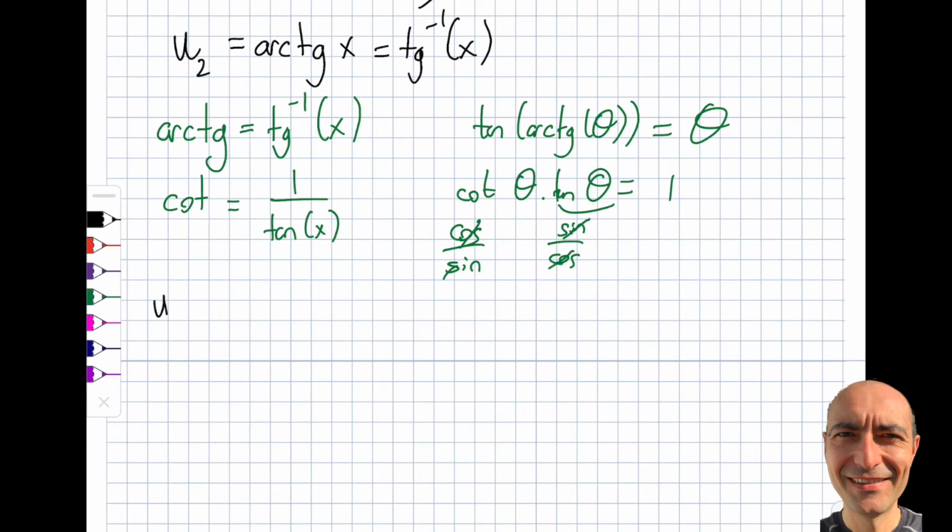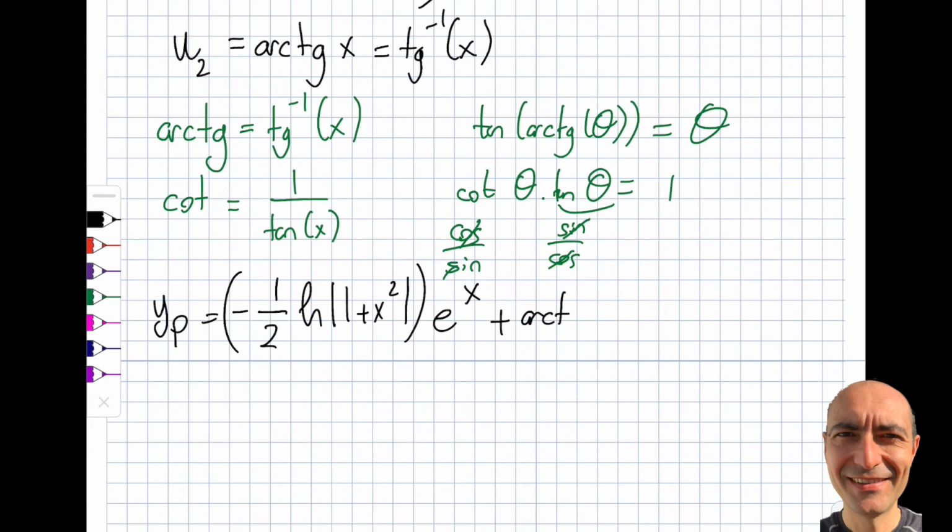I will go ahead and write my yp then. yp will be u1, which was minus 1/2 ln of 1 plus x squared, and my first root was e to the x, plus the second one, which will be the arctangent of x times x e to the x, since x e to the x was the y2. Now I will have to combine. So y will be equal to yc plus yp.